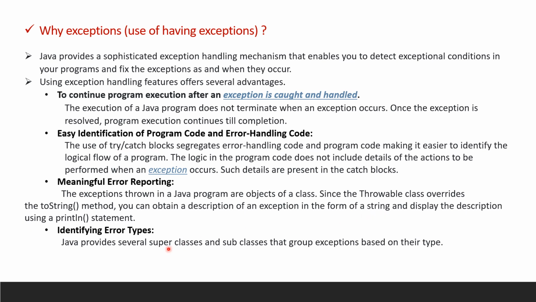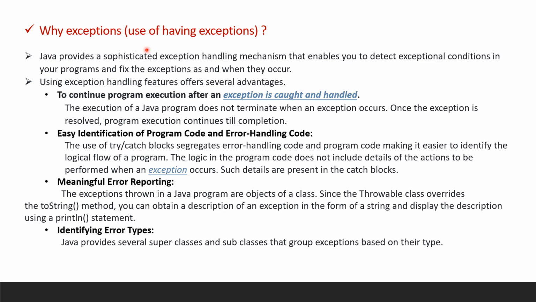So Java provides several super and subclasses such that we can identify the error type. For example, IOException. So these are the main things we have to remember about why we are using exceptions and why they are necessary.